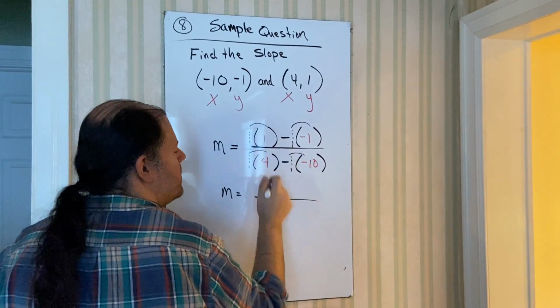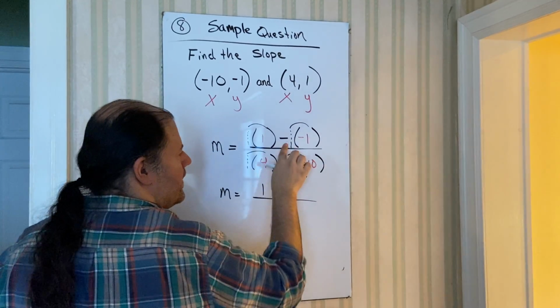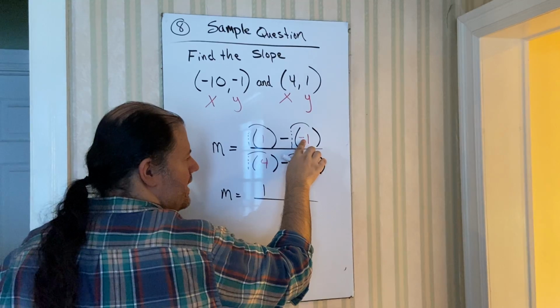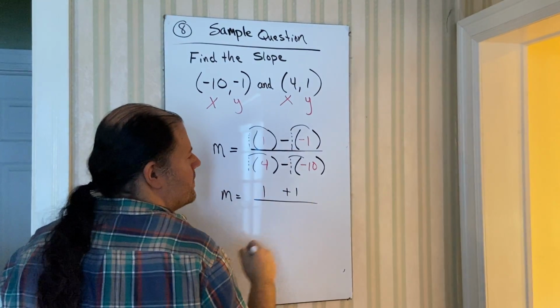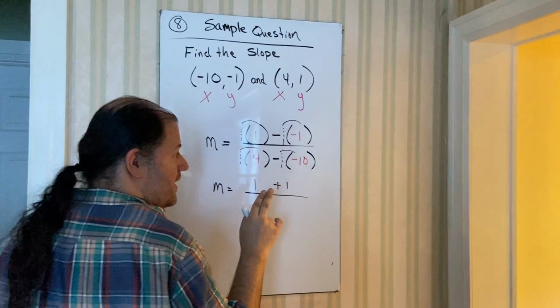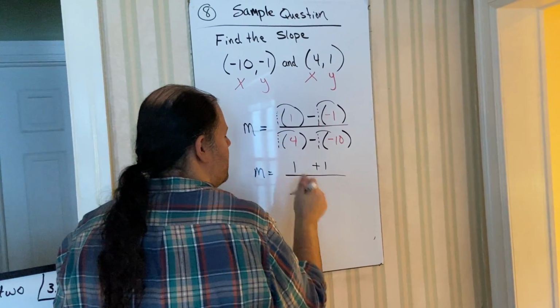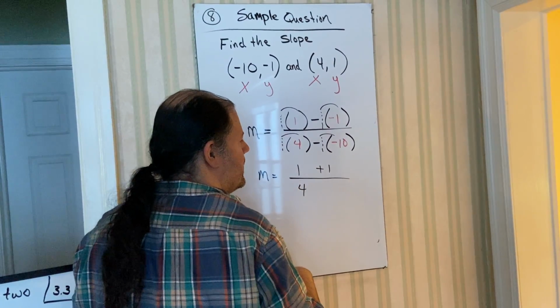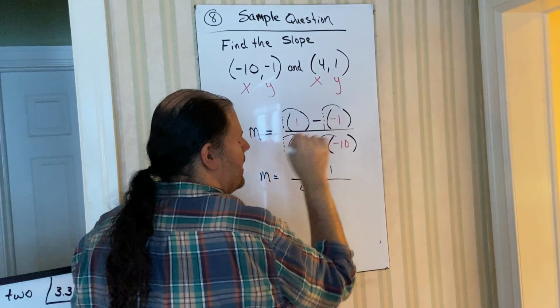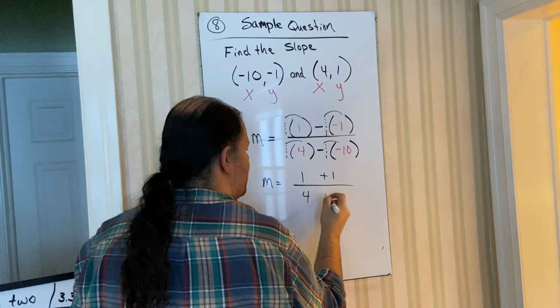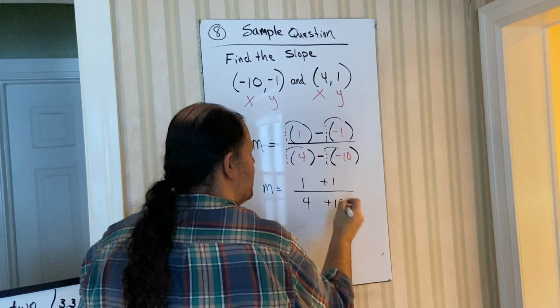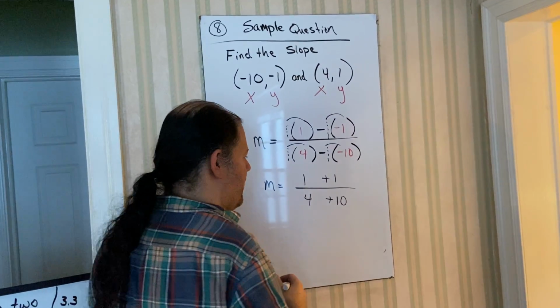So 1 times 1, positive 1 on top. -1 times -1, it's going to be a positive 1. Remember, two negatives. Negative times negative. Tic-tac-toe board says you're going to get a positive. Down here, 1 times 4, it's going to be a positive 4. And then -1 times -10, negative times negative, get a positive.